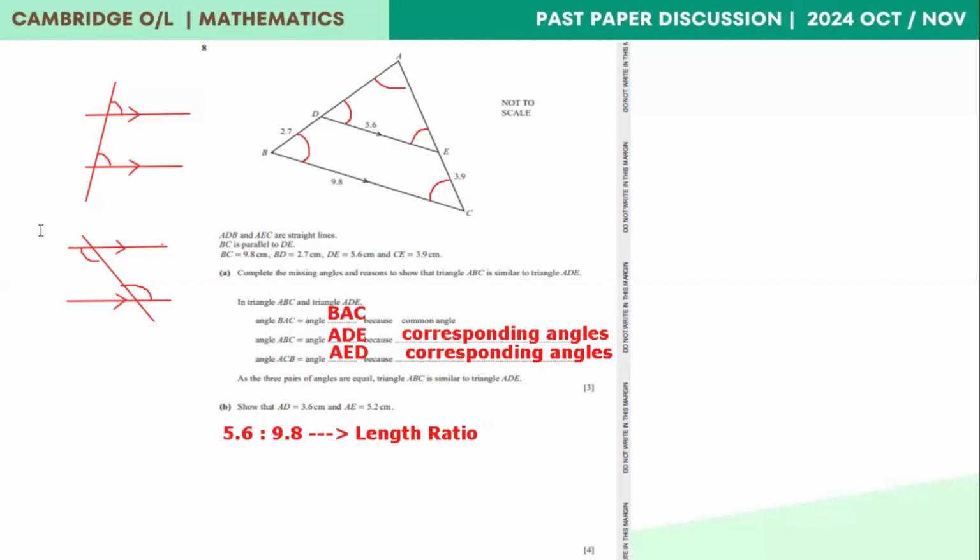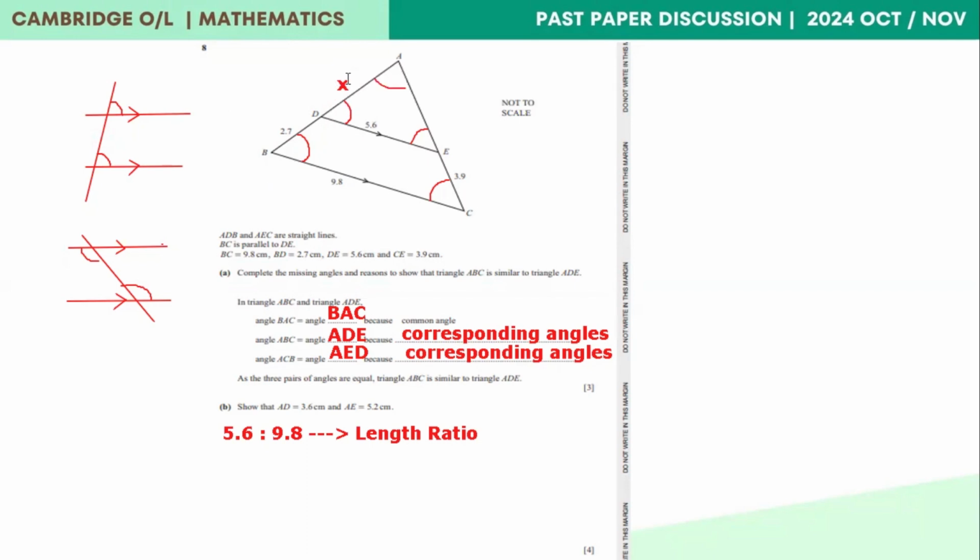Now we are finding AD. AD in the triangle ABC is going to be AD plus 2.7, because if I take this AD as X, then the ratio will be AD is to AB.